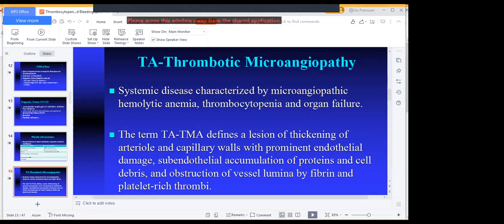The term transplant-associated thrombotic microangiopathy is defined as the lesion of thickening of the arteriole and capillary wall, with prominent endothelial damage, subendothelial accumulation of proteins and cell debris, and obstruction of the vessel lumina, and fibrin in platelet-rich thrombi.